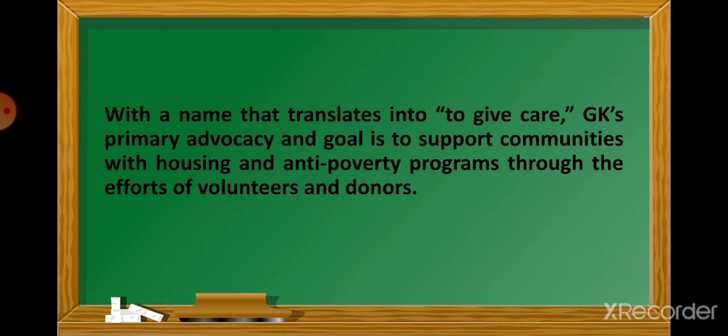GK's history stretches back to 1994, where the initial phases of the concept were incubated. However, it was only in 2003 when GK was formally established with its GK Expo, aptly named the GK 777, with the goal to build 7 million houses in 7,000 communities in 7 years.